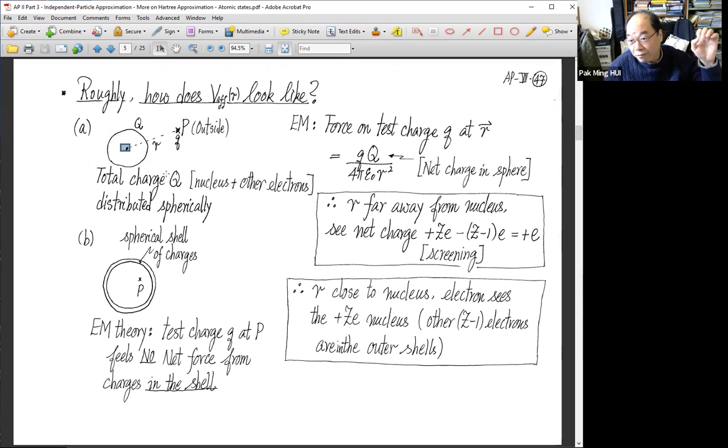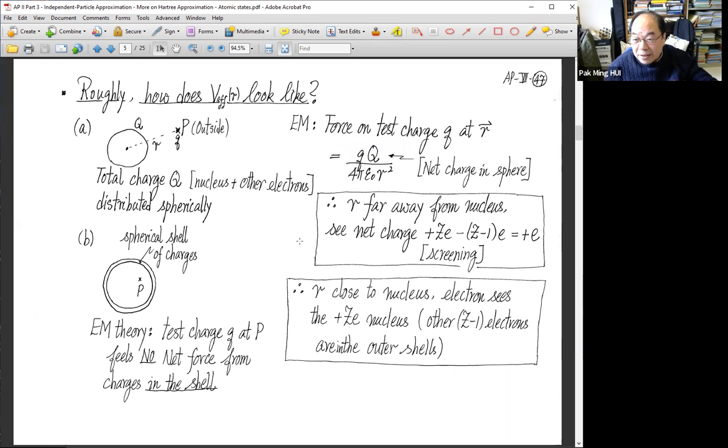This is a result from electromagnetic theory. So for this case A, this test charge will feel such a force.